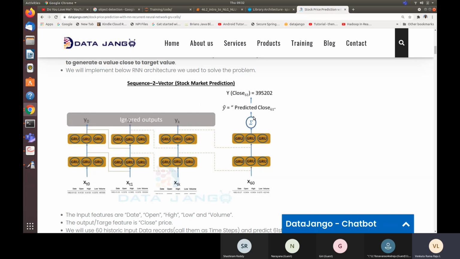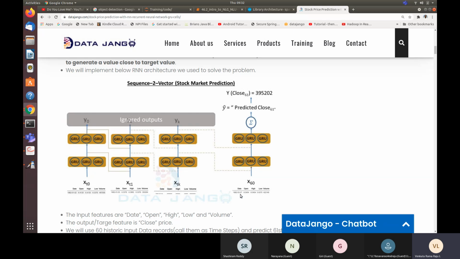But here I kept a sigma, which means linear regression, a dense node with no activation function. It is outputting a number. I am comparing that number, y cap, with y, and calculating the squared error. The backpropagation is adjusting the weights.